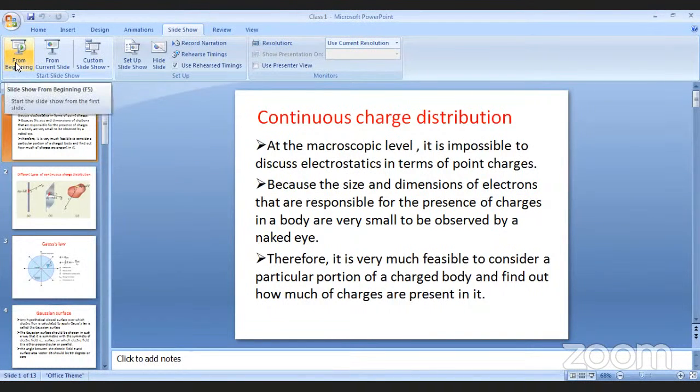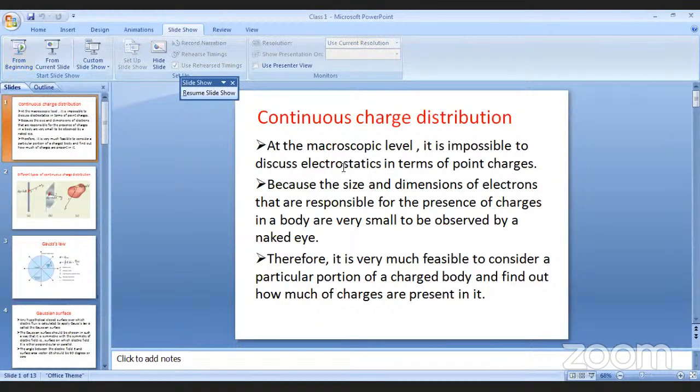Today we are going to discuss the continuous charge distribution.